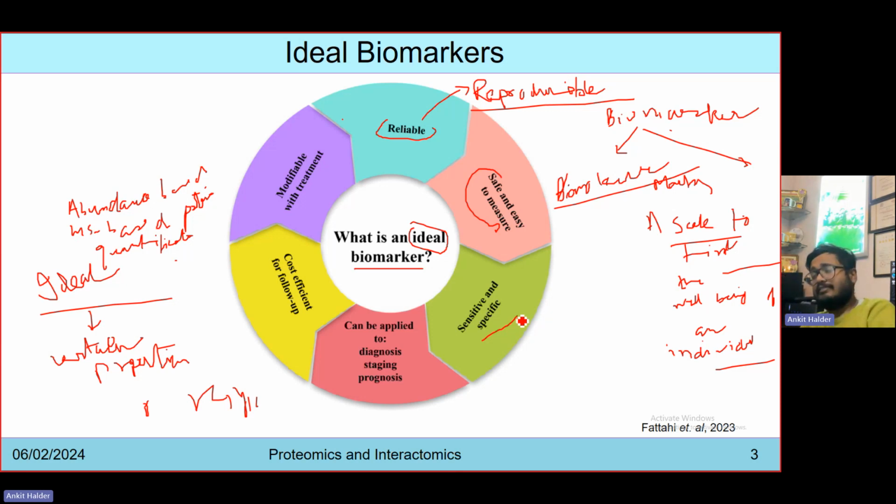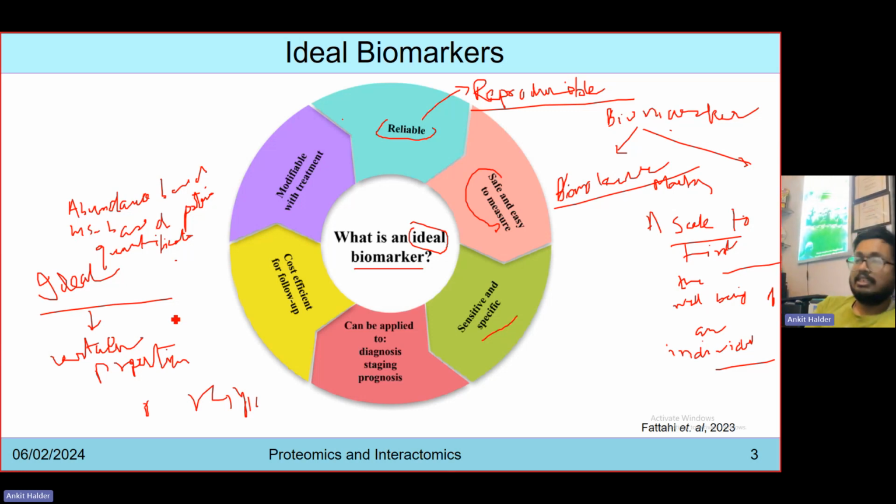So it should be reliable, very safe and easy to measure, and sensitive as well as specific. Then it can be applied to diagnosis as well as staging and prognosis.